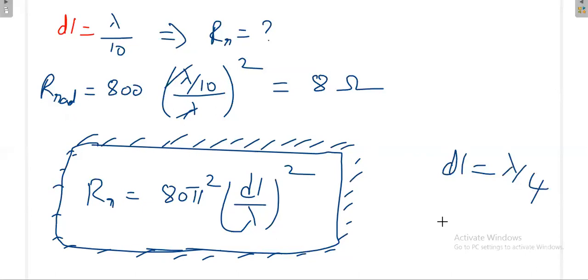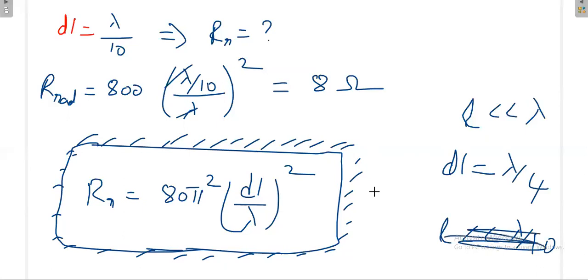That question may arise. Definitely that will not give it, because this formula is valid only when L is very much less than lambda, or in the range of lambda by 10. When you take L as lambda by 4, that is comparable to lambda, so you cannot use this formula.